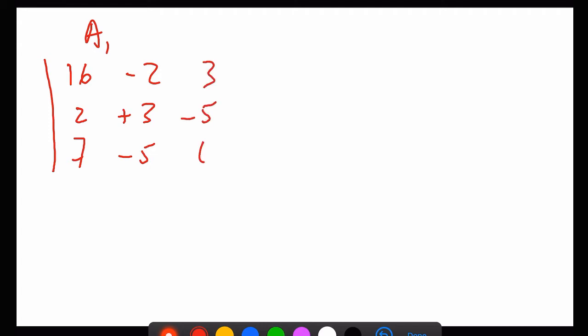Now, I need to have mucho fun. So I have A1. I'm going to have 3 of these. A1, I'm going to put 16, 2, and 7 in the first column, and then the minus 2, 3, minus 5, 3, minus 5, and 6. Now I need the determinant of that.